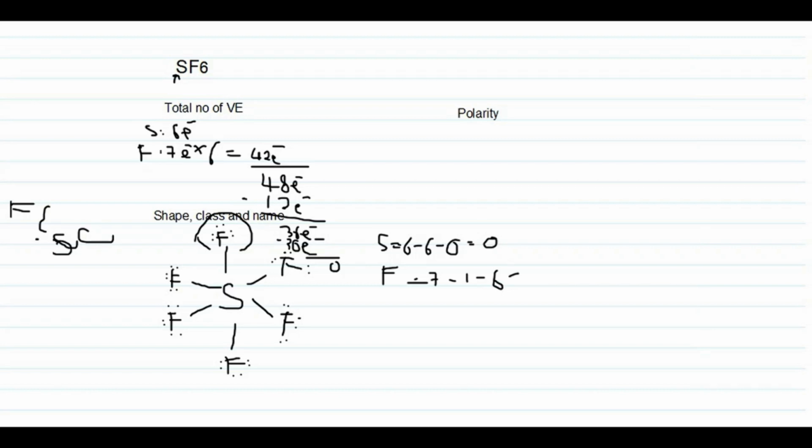So we got 0. So the formal charge of fluorine is 0. Sulfur is 0. So you know that when the formal charge is closest to 0 or equal to 0, it is the most plausible Lewis structure. So now you have confirmed that you have drawn the correct plausible Lewis structure.